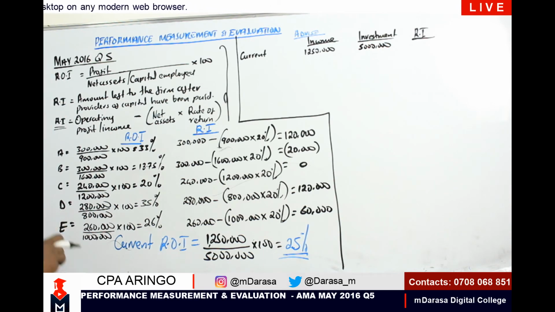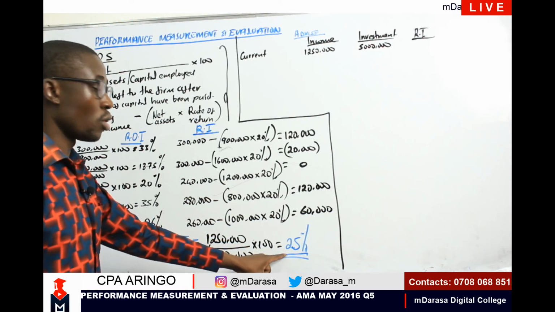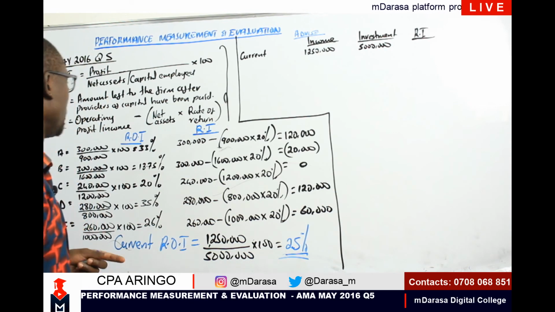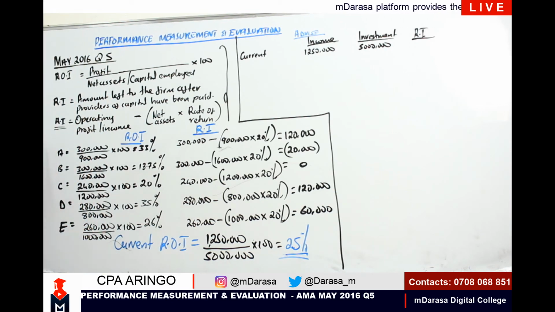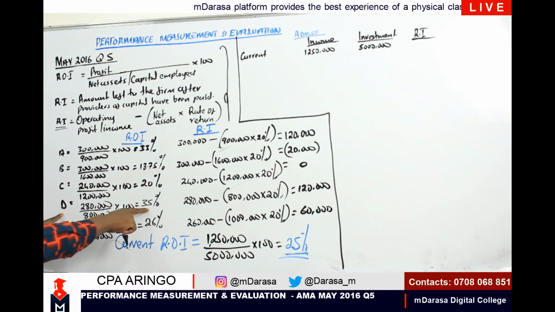Then in this case, my good students, I want us to look at the investments that have more than 25%. These are the investments that you are going to invest in. For example, based on priorities, project D gave us 35%.